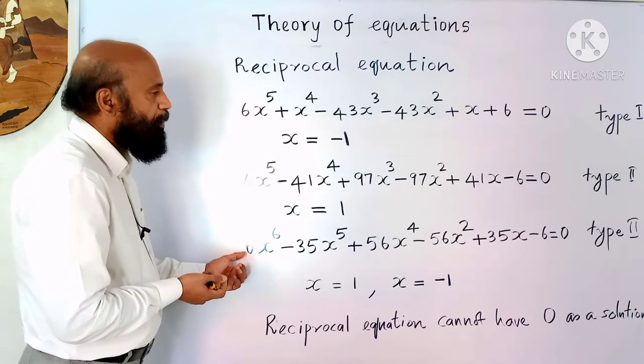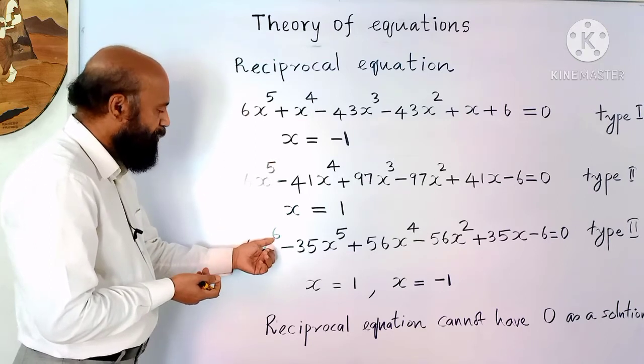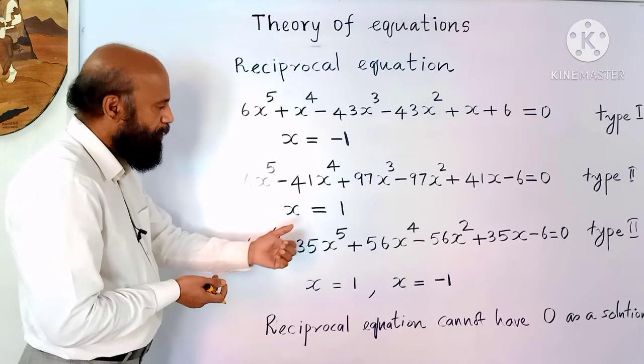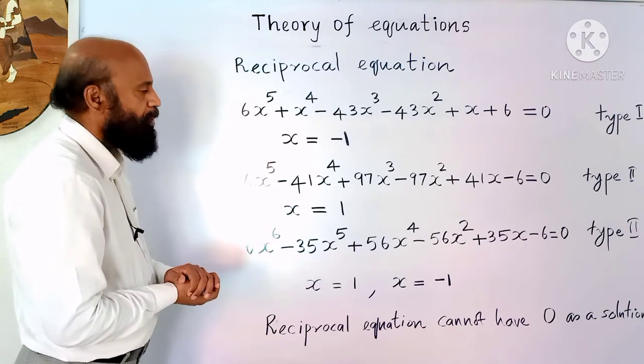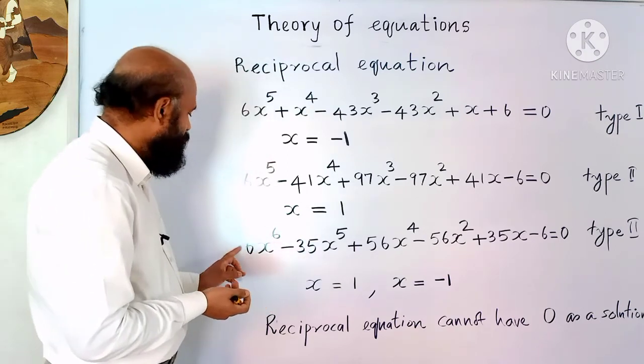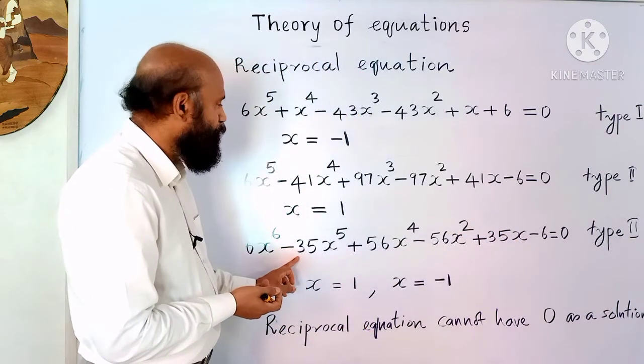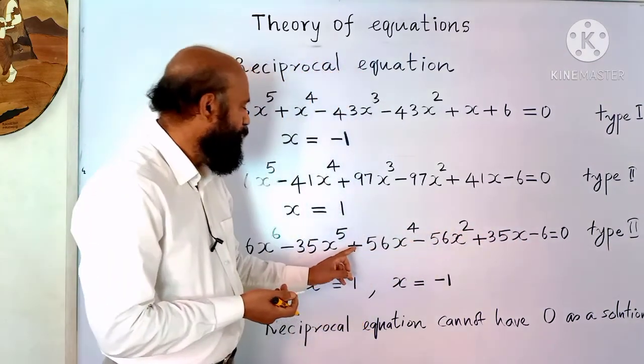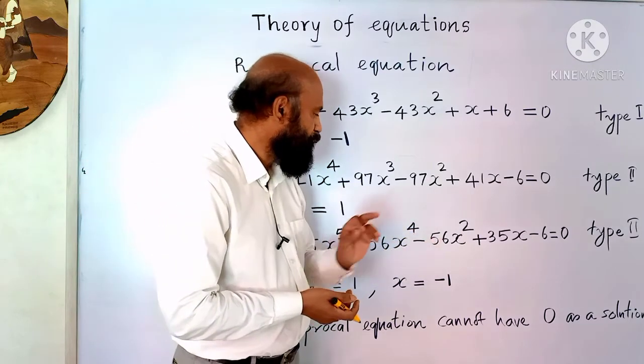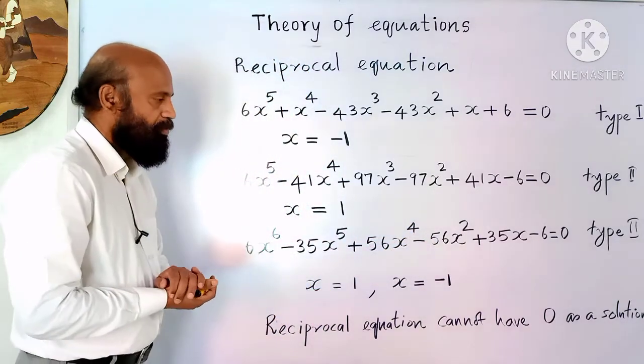This is a type 2 even degree polynomial equation. Here plus 6 minus 6, minus 35 plus 35, plus 56 minus 56.